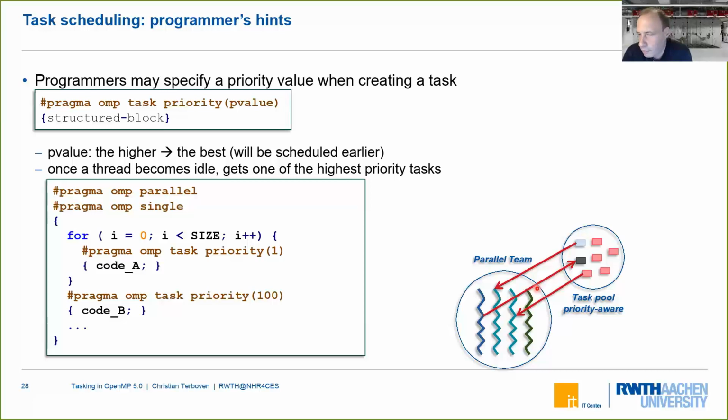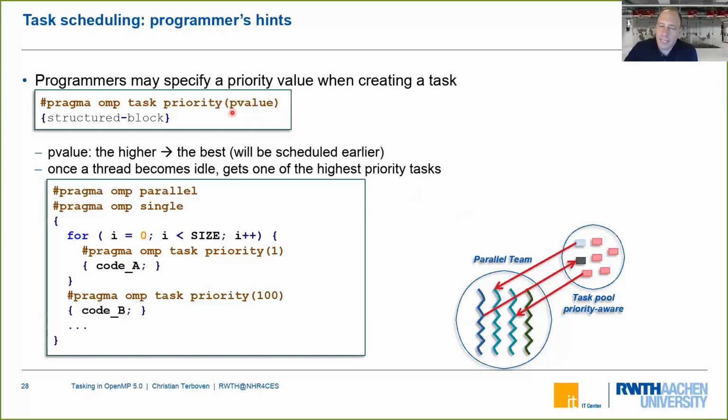You can have probably hundreds of tasks at each point in time that are ready to be executed. So that means the task pool can be completely different orders of magnitude larger than the thread team that's available. So if the threads have such a large pool to pick tasks from, we might influence this picking. And this is what the priority clause can provide.